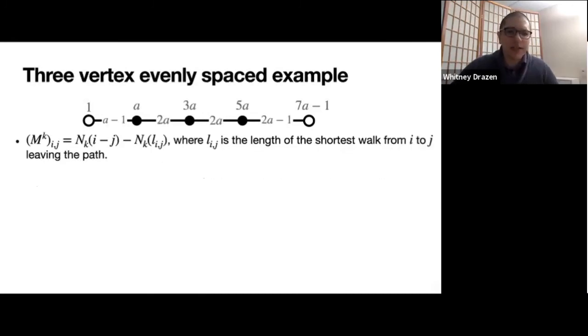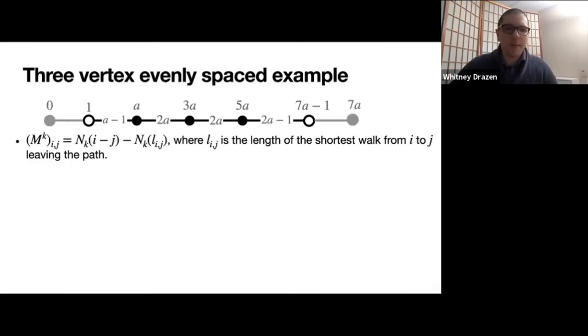We can generalize the example that I had before and replace the vertices with a variable that indicates the relationship between the distances. So here we have vertices a, 3a, and 5a, and a path of length 7a minus 1. We just want to construct the powers of the restricted adjacency matrix.